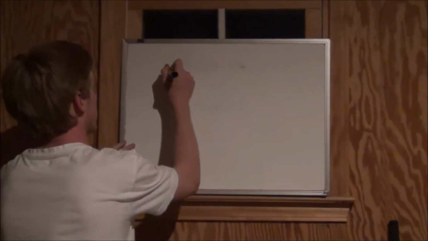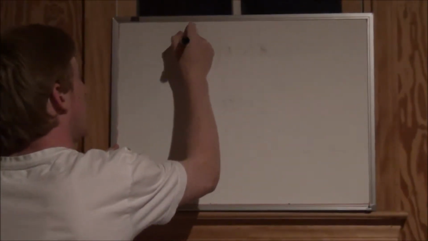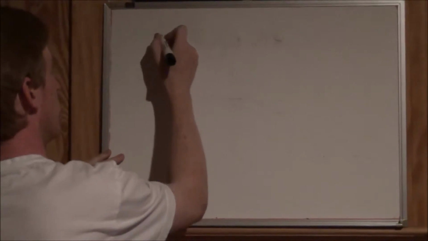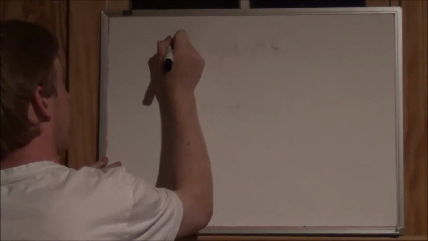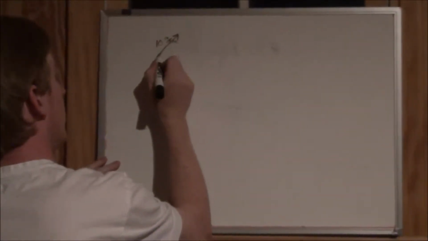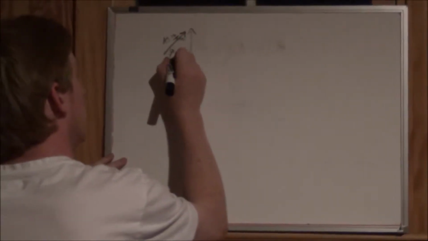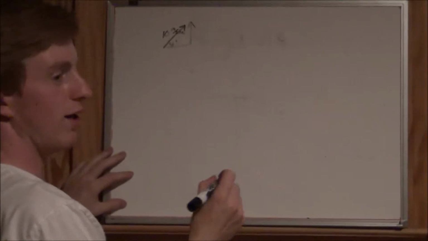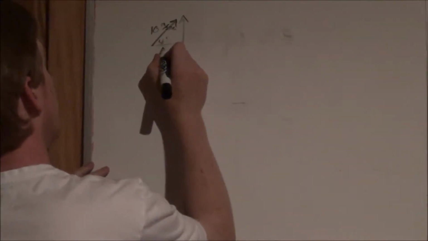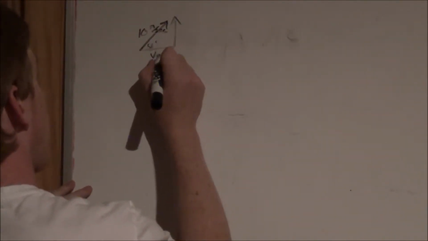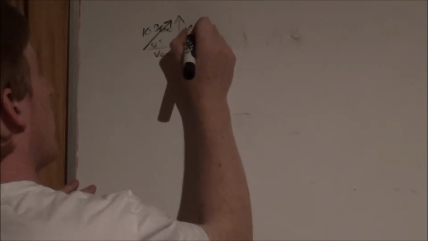We want to start off by drawing a picture. So the golf ball is moving upwards at 10 meters per second at a 56-degree angle. So you want to find the x-coordinate velocity and the y-coordinate velocity.